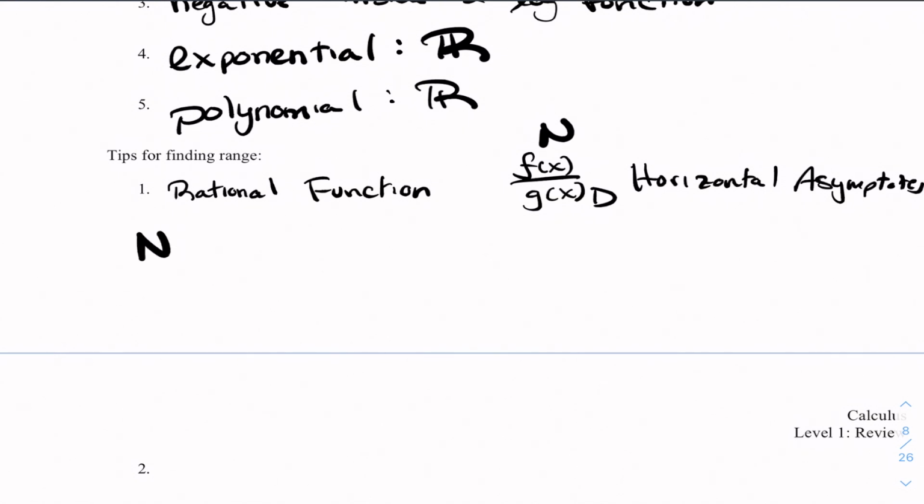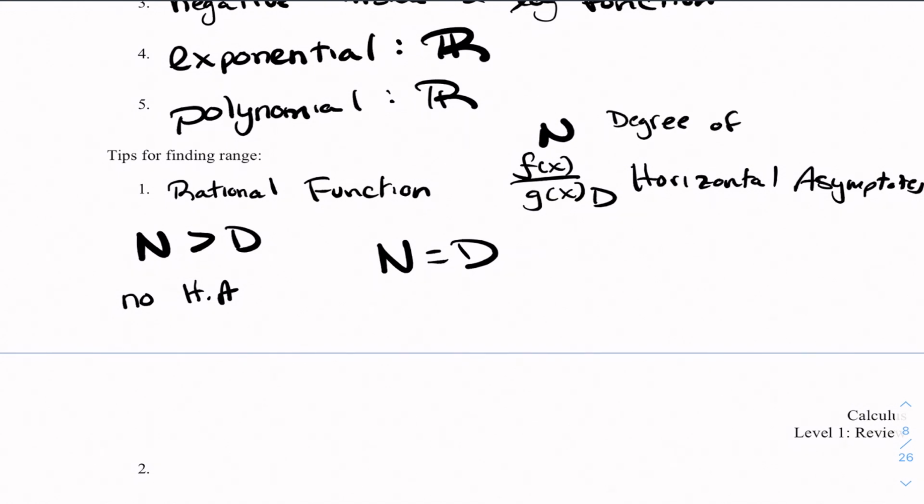First off, if the degree of the numerator is greater than the degree of the denominator, we do not have horizontal asymptotes. We will talk about this when we get to limits, because we actually define where these rules come from. The second one is if the degrees are equal, then all we do is take the ratio of the coefficients.